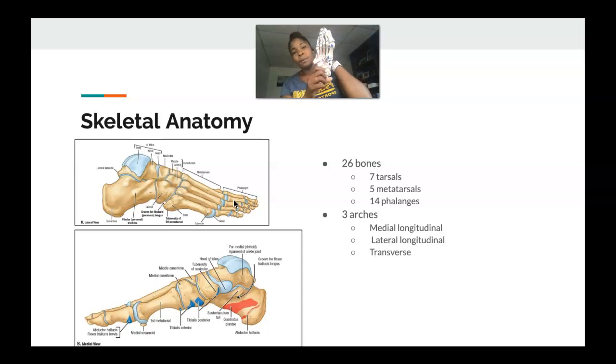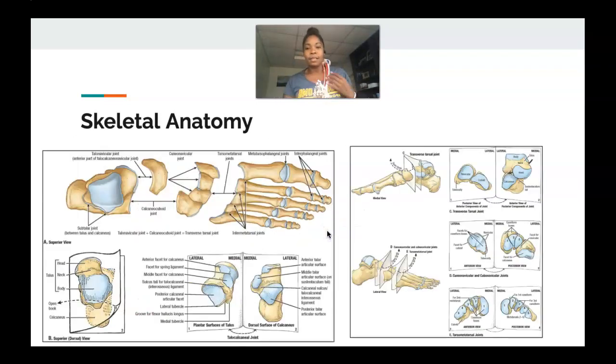And on the plantar aspect of the foot, we have the metatarsal arch, which provides support to the distal portion of the metatarsals and the proximal portion of the phalanges.